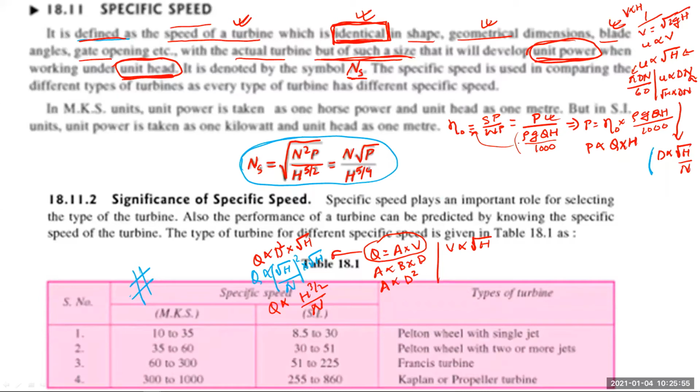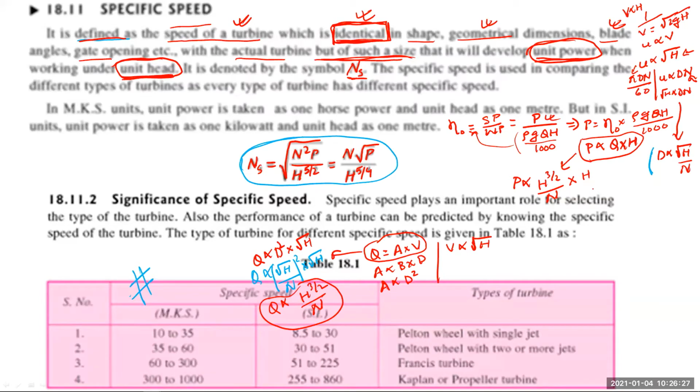Now, coming back again to the power term, power P is directly proportional to Q into H. So we can write once again, P is directly proportional to Q. For Q, we have obtained this term, that is H raised to the power 3 by 2 divided by N square, into this H is there, as it is, we will write it.